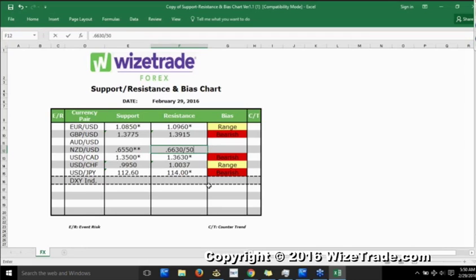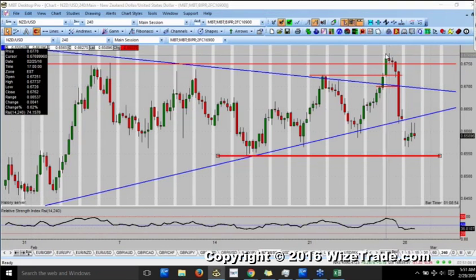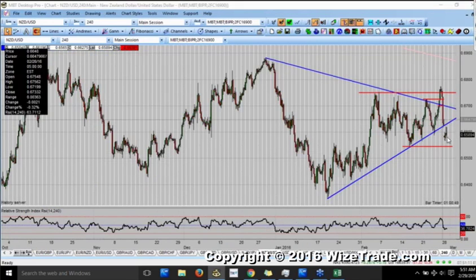I think both will offer some resistance on the way up. We're in a range, and we threatened to go bullish, but now we're threatening to start this bear trend again in the Kiwi, especially if we break through 66.50. A false breakout to the upside exposes some downside possibilities here.